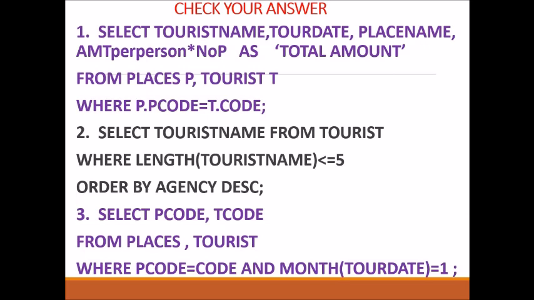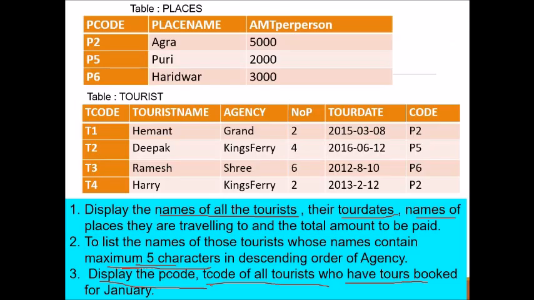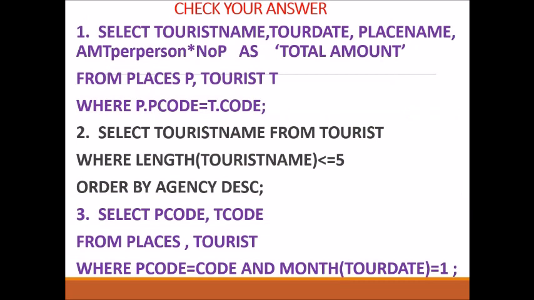So first answer, select tourist name, comma tour date, comma place name, AMT into NOP. Here it is written, and total amount to be paid. So what is total amount? Amount per person into number of persons. So whenever you have to use a formula in any query, it is always used in the select part.